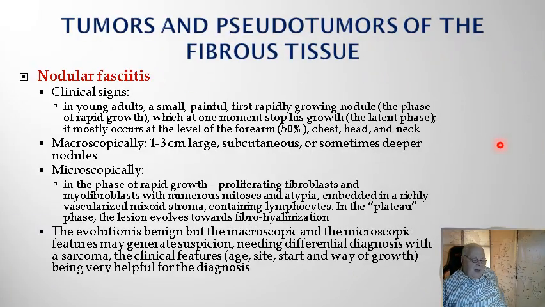And now we are starting with the group of tumors originating in the fibrous connective tissue. And it's, as you will see, a quite large group, because we have from the fibrous tissue many different tumors, and we will only discuss a few of them, in fact.